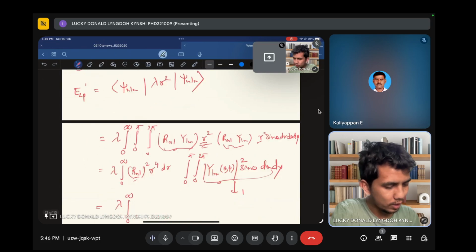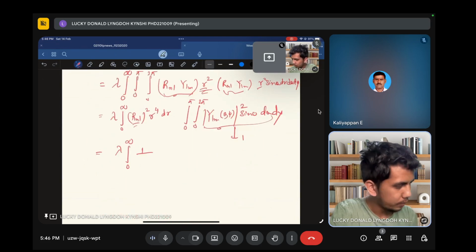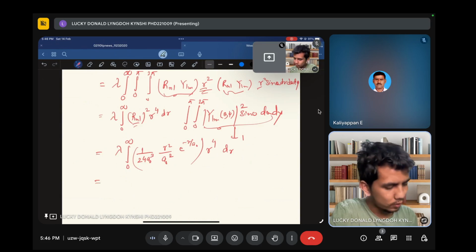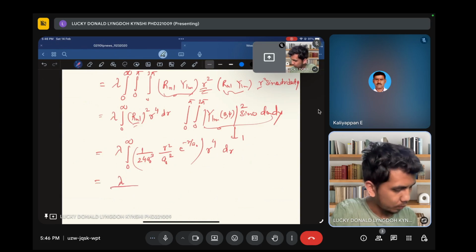You substitute it and square it, and you get 1 by 24 a naught cube, r square divided by a naught square, e to the power minus r divided by a naught, into r to the power 4 dr. Taking the constant term outside, we get lambda divided by 24 a naught 5, integration from 0 to infinity of r to the power 6 e to the power minus r divided by a naught dr.